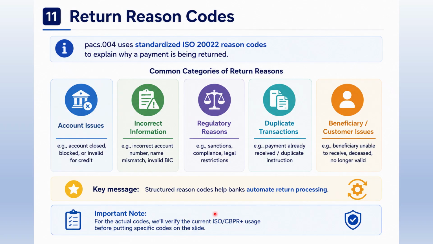The benefit of structured reason codes is automation. Banks can use those codes to route, process, investigate, or reconcile returns more efficiently. For any specific code used in production, always refer to the applicable ISO 20022 or CBPR Plus usage guideline because exact implementation rules can vary.